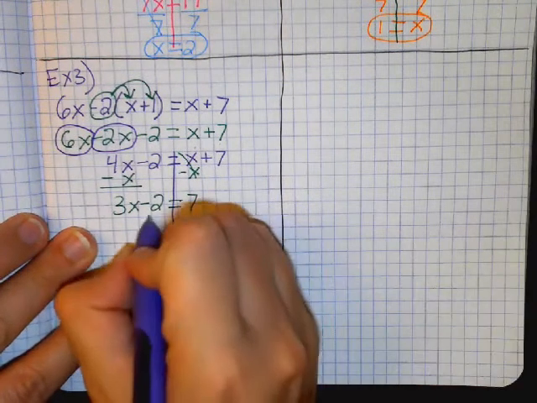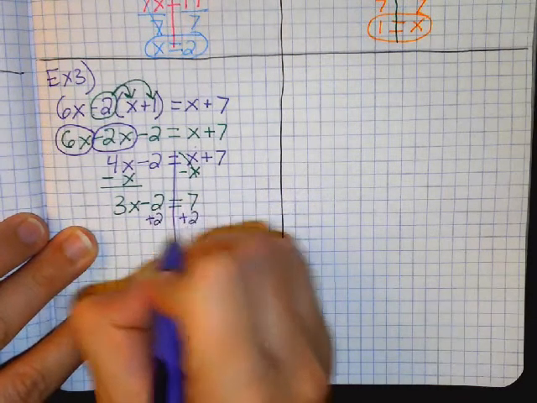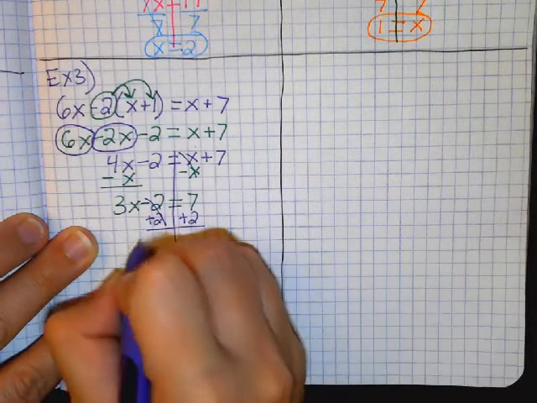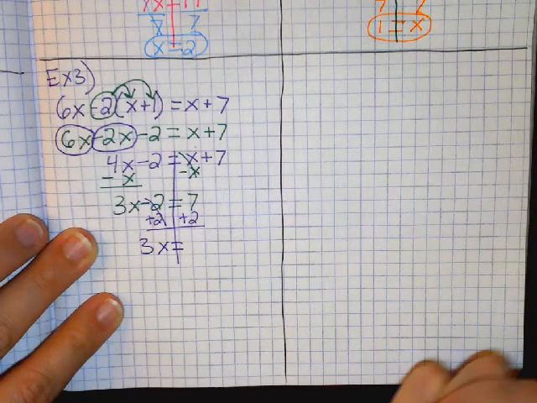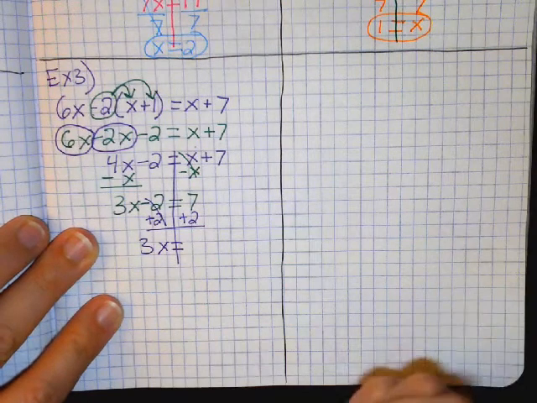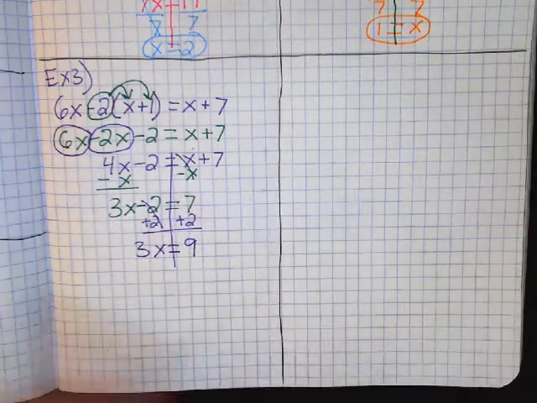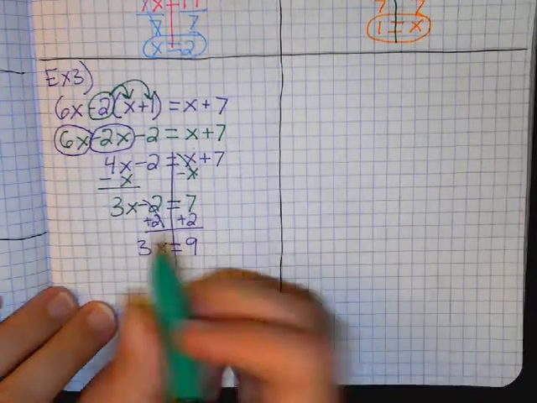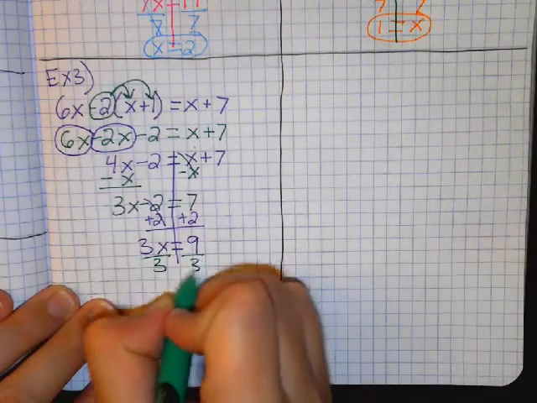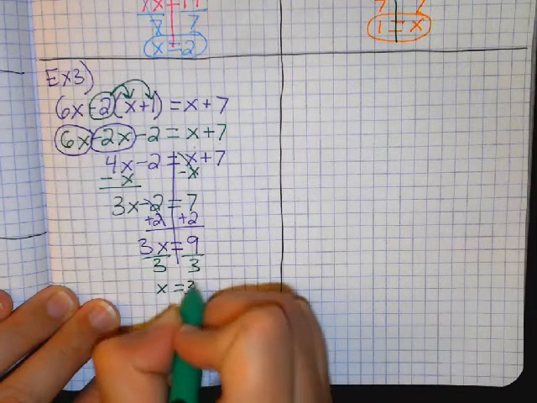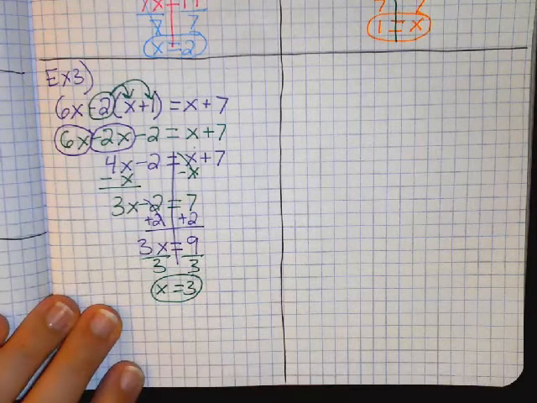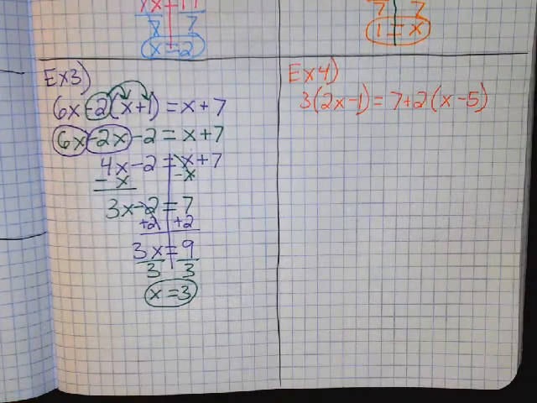I'm going to move my negative 2 constant to my right by adding 2 to both sides. 3x equals 7 plus 2 equals 9. I have 3x equals 9. Divide both sides by 3. x equals 3.